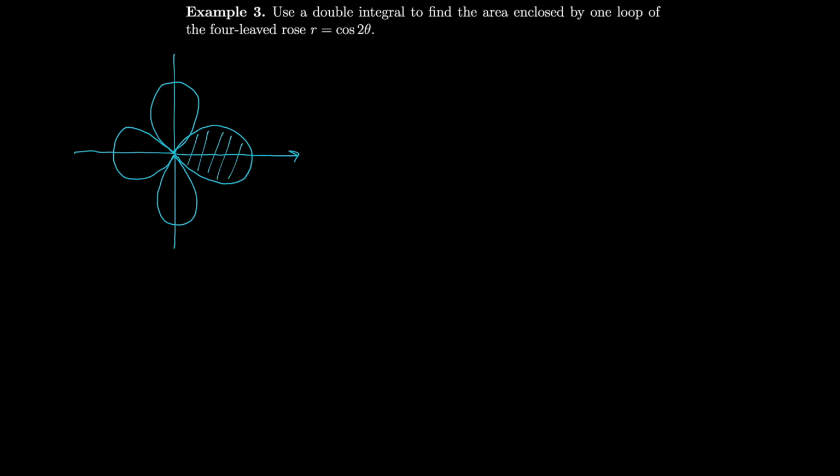And that's when theta goes from this ray at minus pi over 4 all the way to this ray at theta equals pi over 4. So that means that we can describe our region D as the set of points (r, theta) such that theta goes from minus pi over 4 to pi over 4.